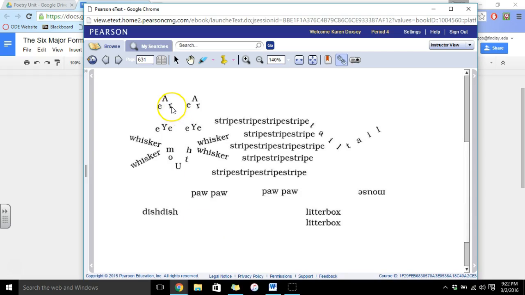So we have the ears and eyes, and it literally says ear, ear, eye, whisker, whisker, whisker, whisker, mouth. Stripe, stripe, and more stripes, paw, paw, paw, paw. Mouse. Ooh. Notice how the mouth is upside down? Dead mouse. Tail. Dish, dish. The dish it's eating out of.